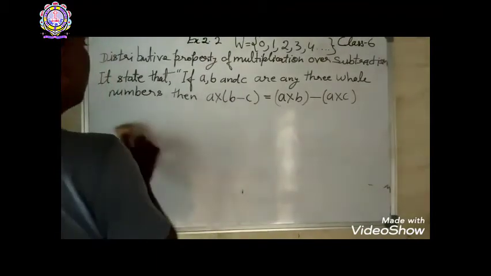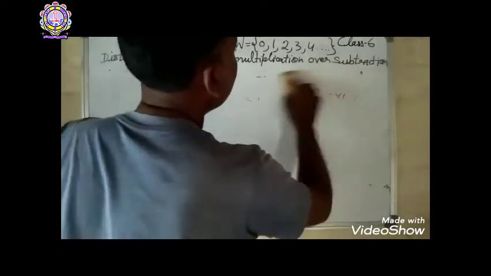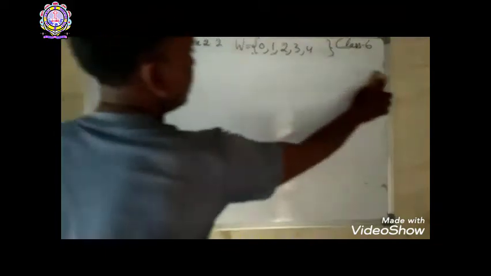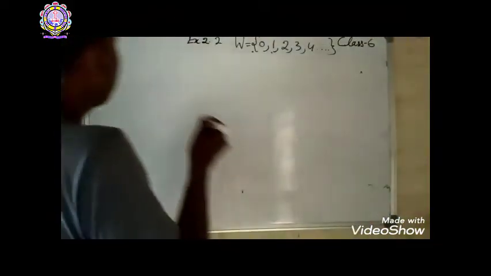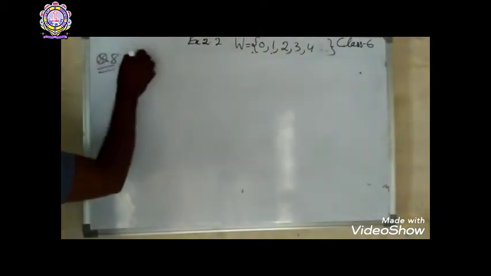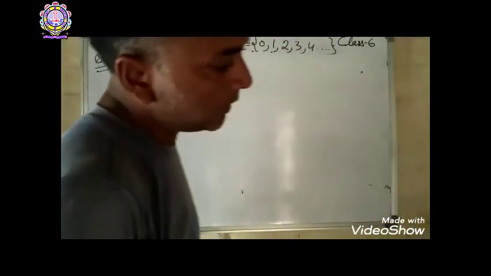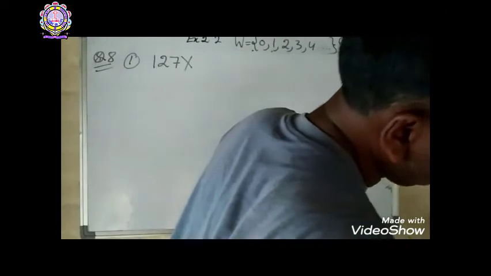Question number 8 is the same as question number 7. What is using the property? So I am solving only one part of question number 8, part first. That is 127 into 95.